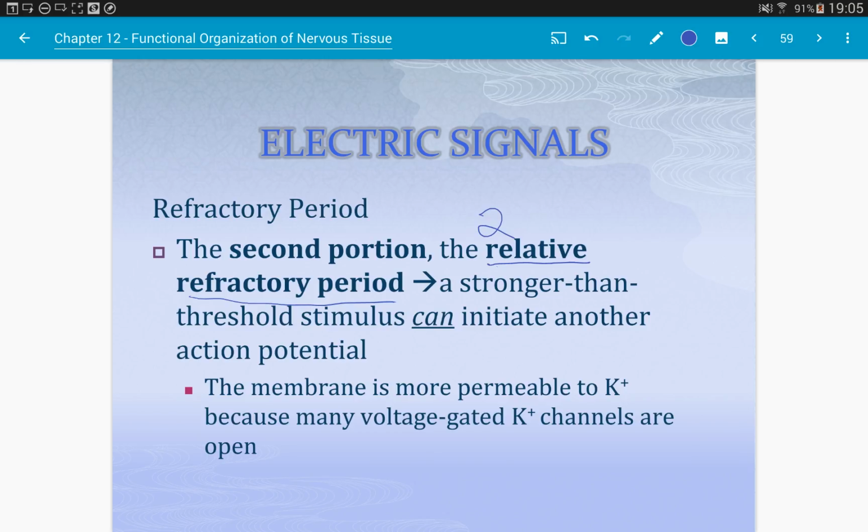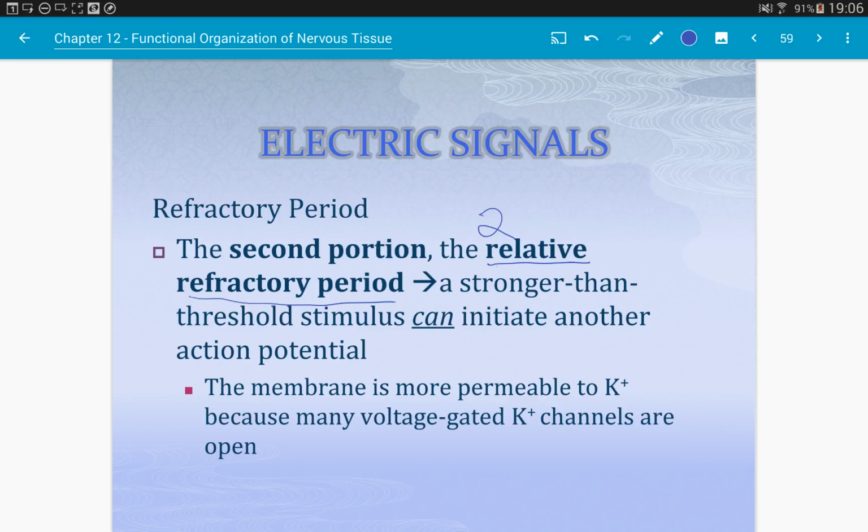But the second phase, the last phase, that's our relative refractory period, which means that you could stimulate an action potential if you have a strong enough stimulus to reach threshold. Okay? It has to be stronger than normal, stronger than the normal threshold.